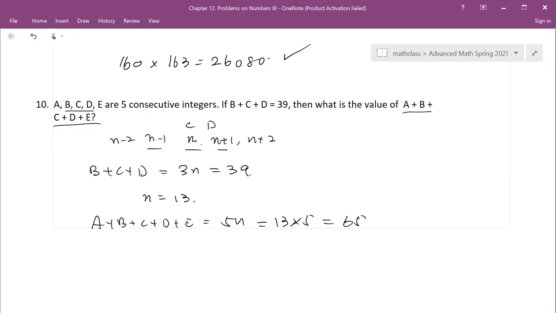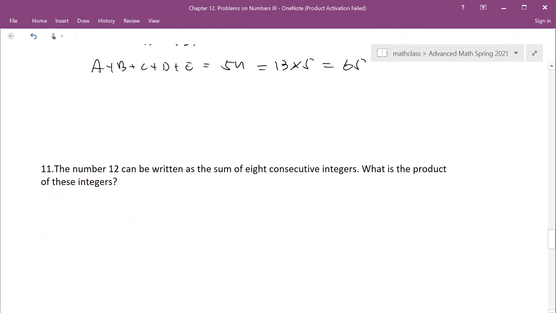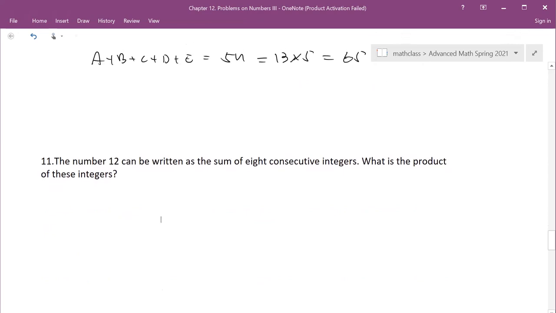All right, now. Number 12 can be written as the sum of 8 consecutive integers. What is the product of these integers? Wow, you have 8 consecutive integers, and the sum is 12.